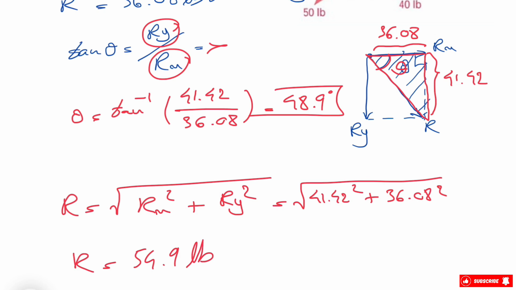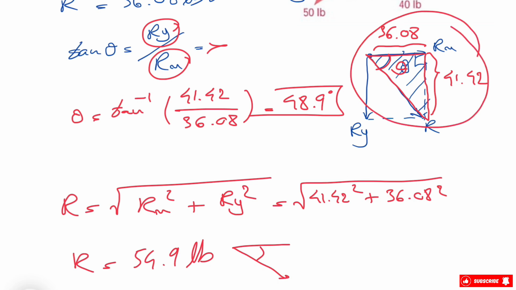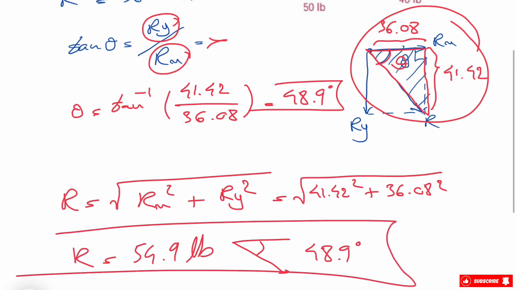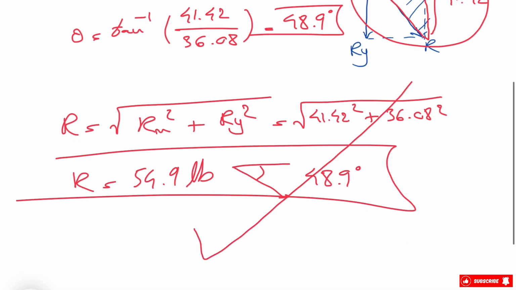And we already found this angle here from this right triangle, and we know the angle was 48.9 degrees. And this will be the final answer for the resultant. We need to show the magnitude as well as the direction of the resultant. So that would be all for this question.